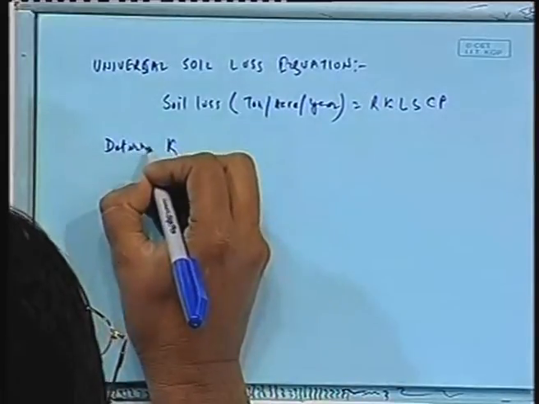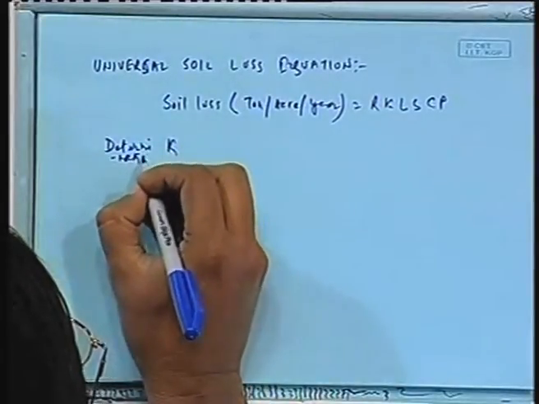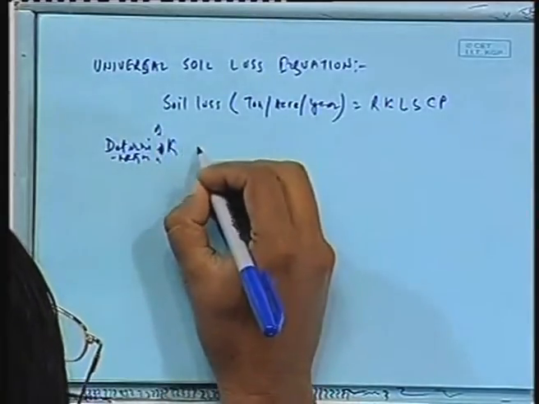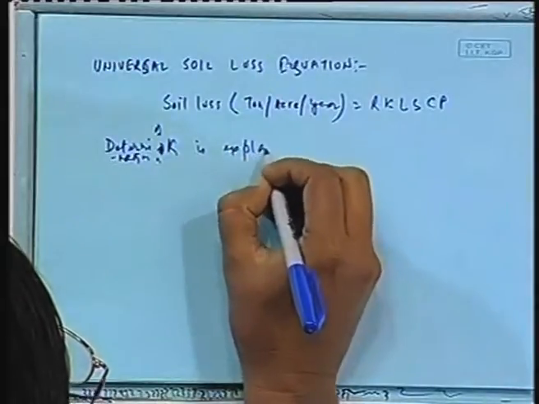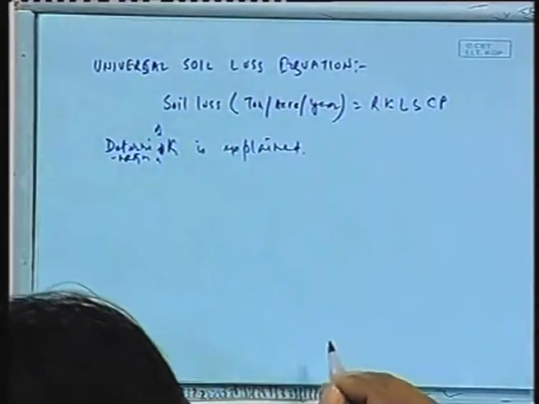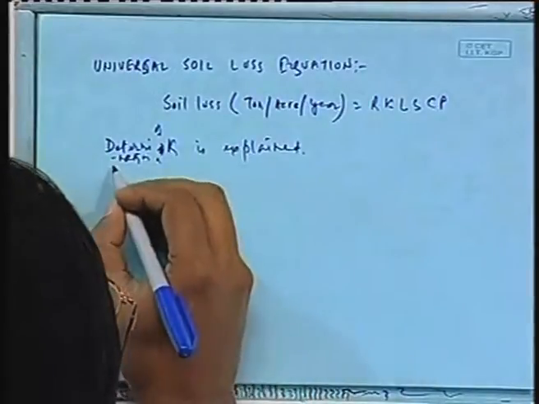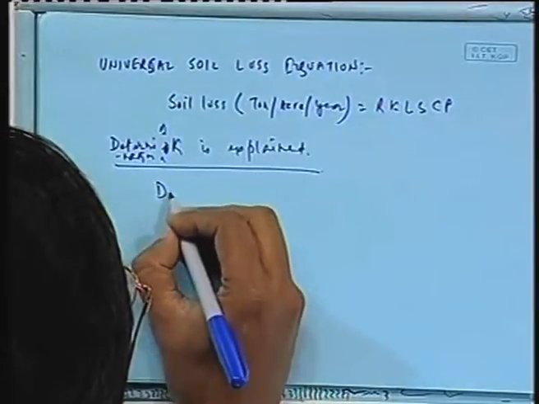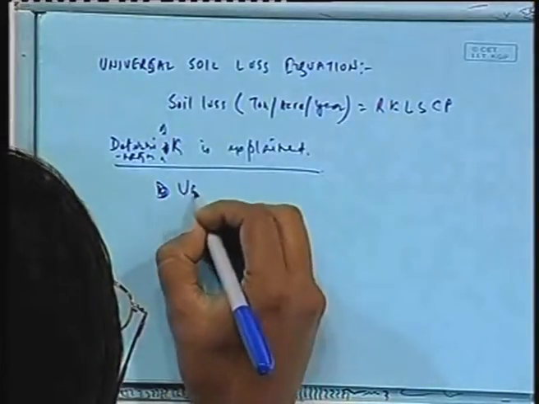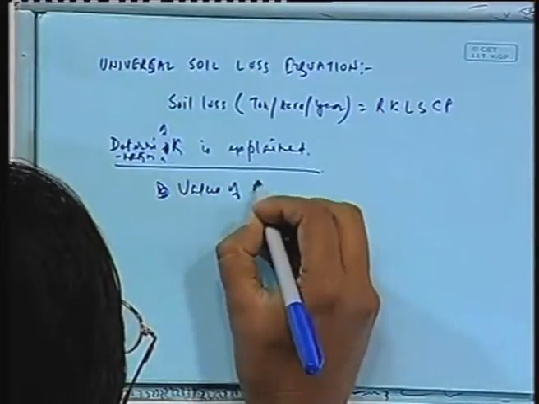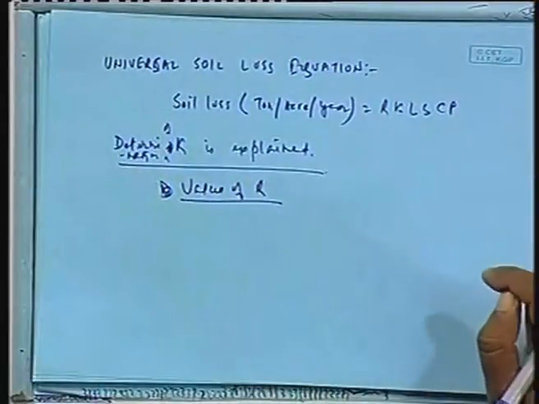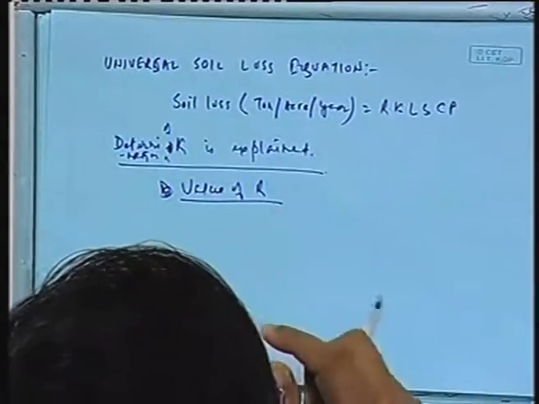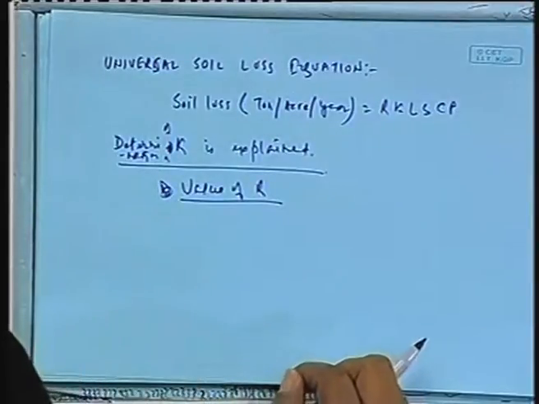I'll come back to that, but before that, let us start with the determination of the value of R. I said that in most cases we use iso-erodents, which have a large table.